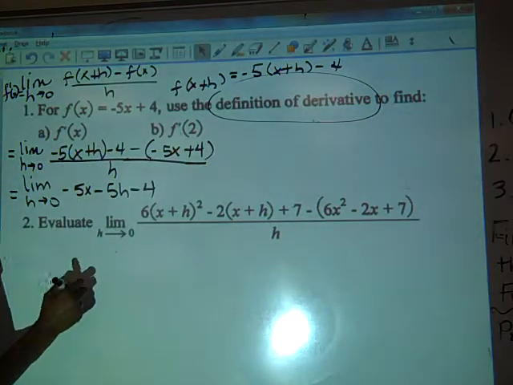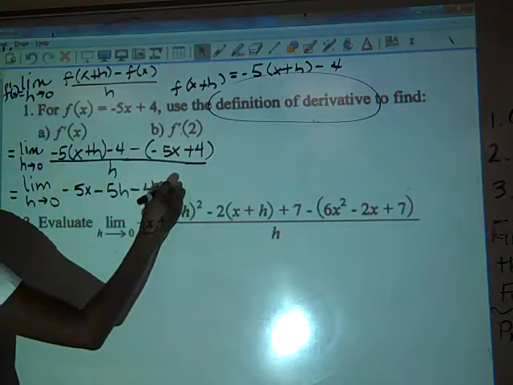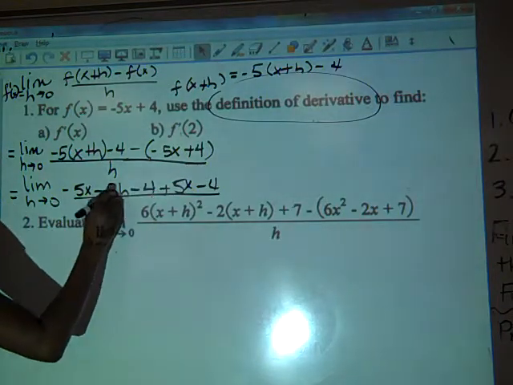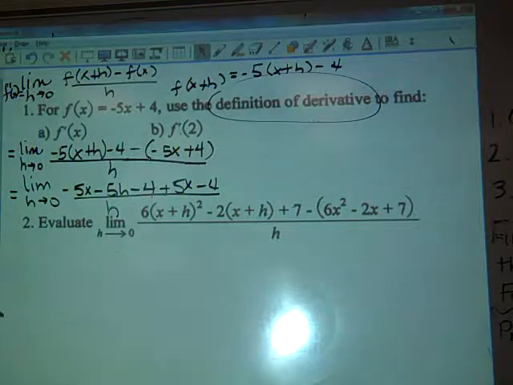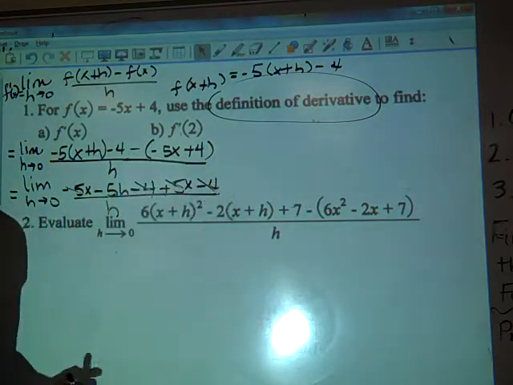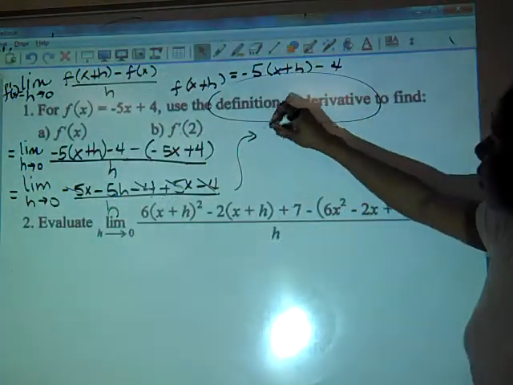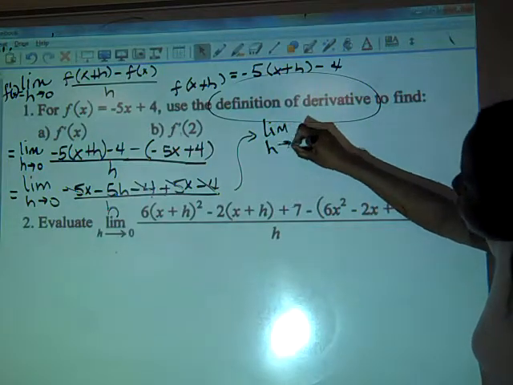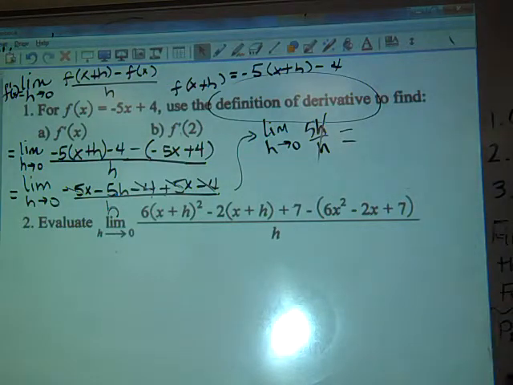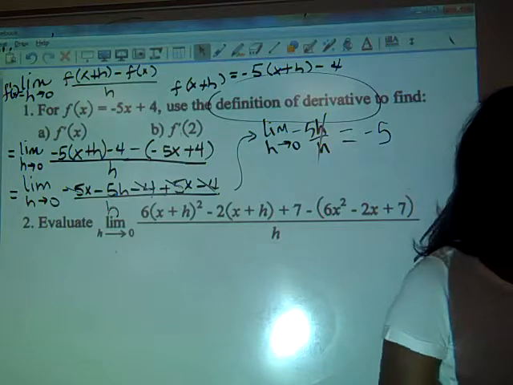Positive 5x minus 4 over h. What can we get rid of? The -4x and -5x. So what are we left with then? -5h over h. The limit as h approaches 0, -5h over h. So what do I get for my answer? -5, which we knew the answer already.